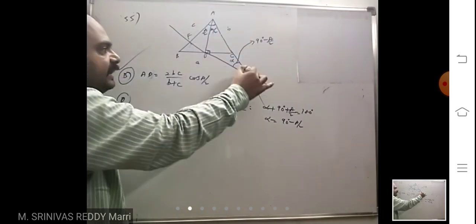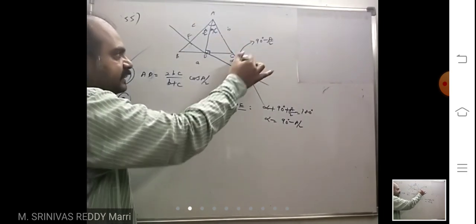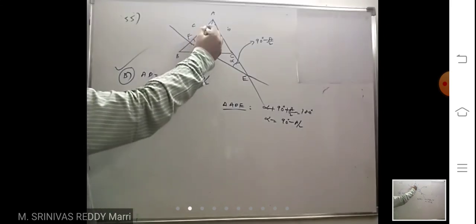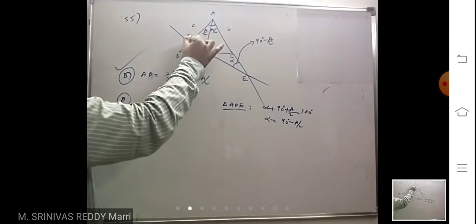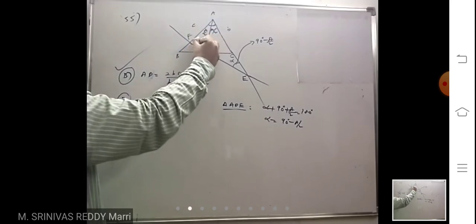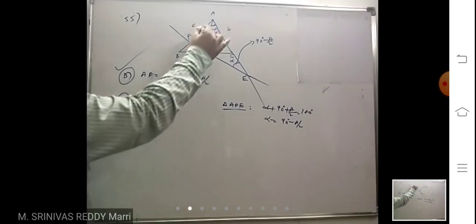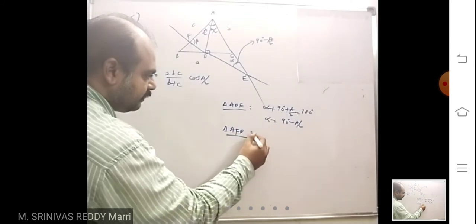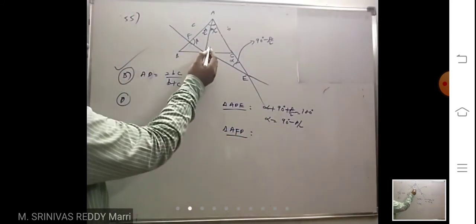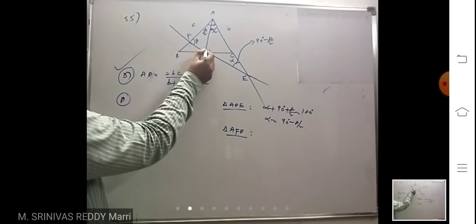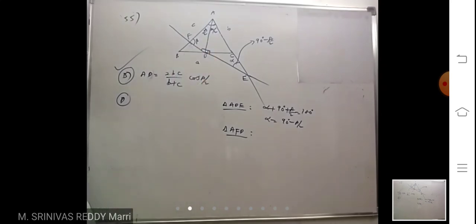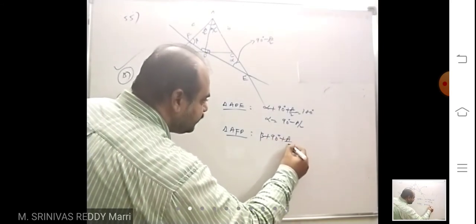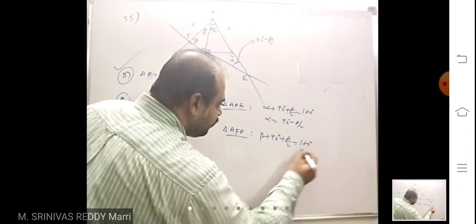In triangle AEF, this is one angle, that is 90 minus A by 2. Now I want to calculate this angle. For that I am considering triangle AFD. Let us say this is beta. This is also 90 degrees, since it is perpendicular. So beta plus 90 degrees plus A by 2 is 180 degrees.